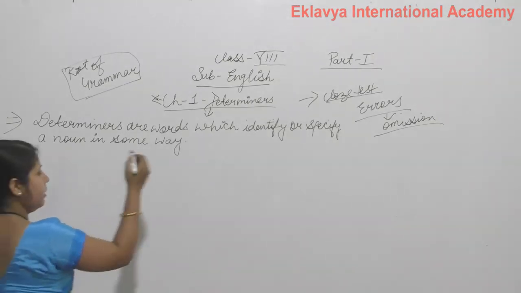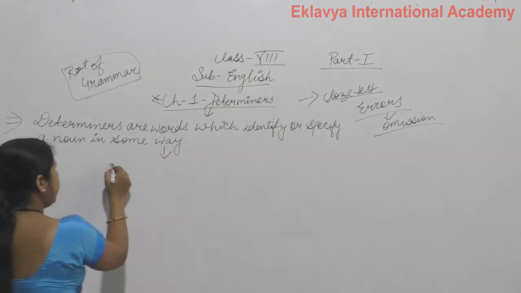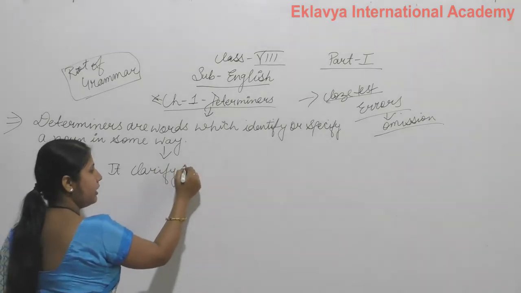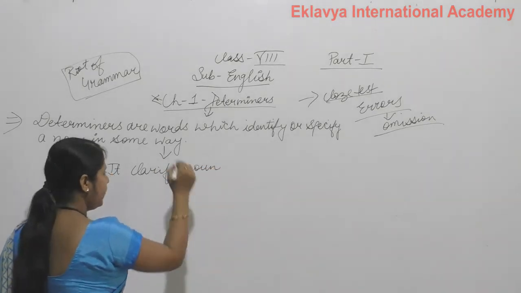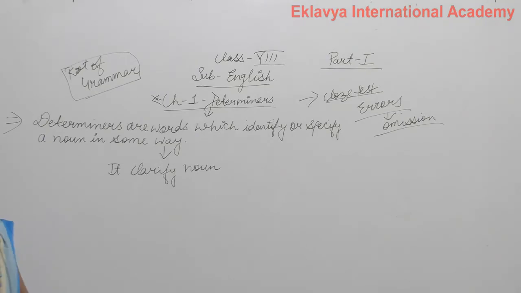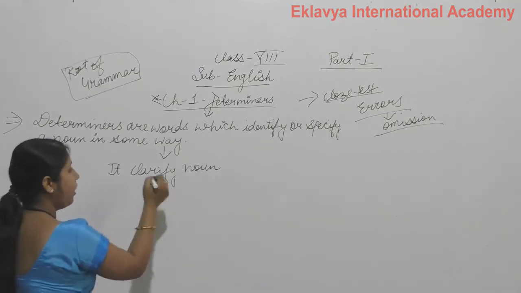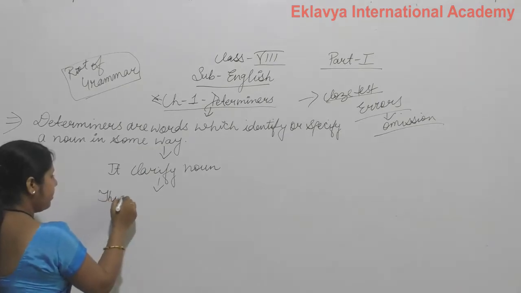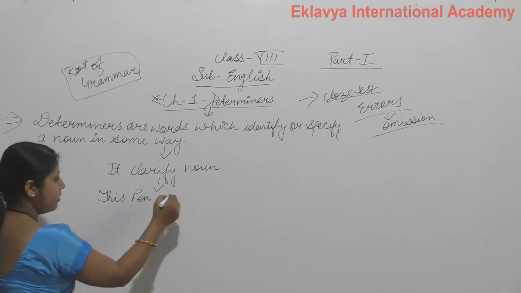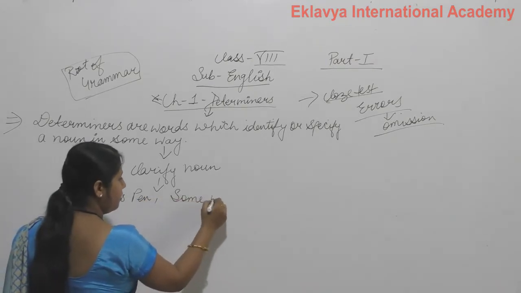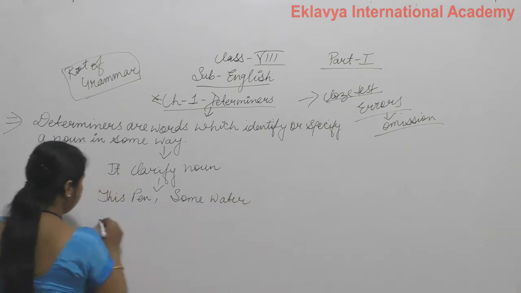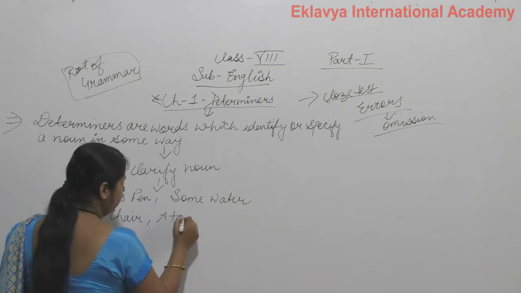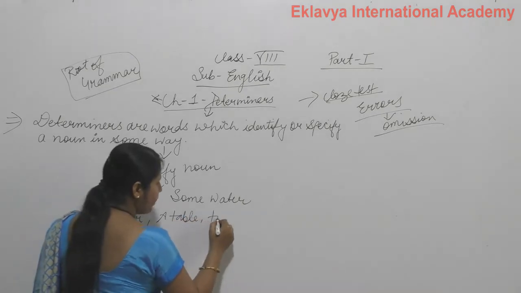And more meaning is it clarifies the noun. Now see the examples of how determiners are helpful: this pen, some water, a chair, a table, two students.